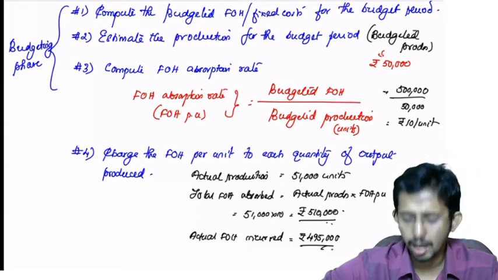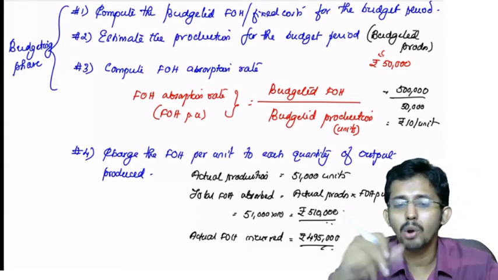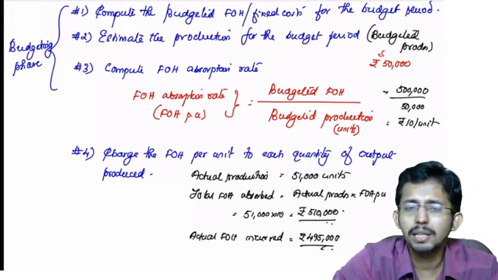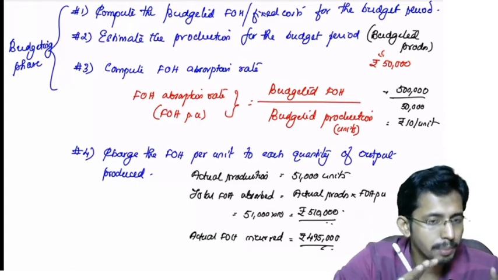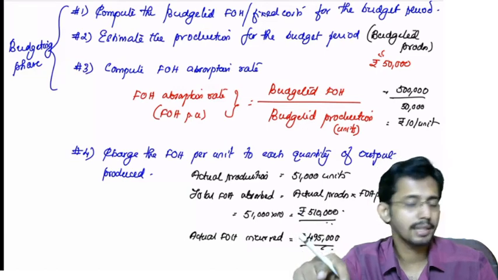Now friends, let me ask you, out of these three, which FOH will come in the costing records? Budgeted FOH of 5 lakhs, will it come into the costing records? No, it will not, because costing records are based on actual production.